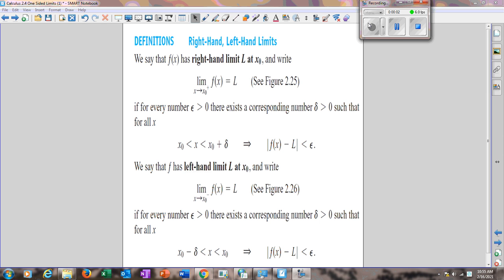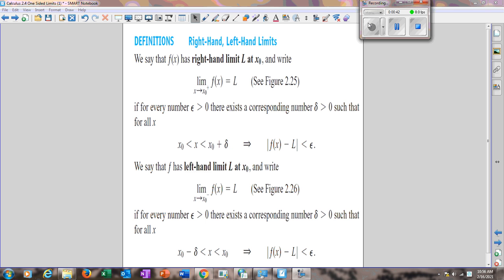So if we pick up where we left off yesterday, we're going to look at the definition as it applies to right-hand and left-hand limits as well. So we say that f of x has a right-hand limit, L, at x naught, and we write the limit as x approaches x naught from the right, that's what the plus sign means, of f of x equals L, if for every number epsilon greater than 0, there exists a corresponding number delta greater than 0, such that for all x, x naught is less than x less than x naught plus delta, then we have the absolute value of f of x minus L is less than epsilon.